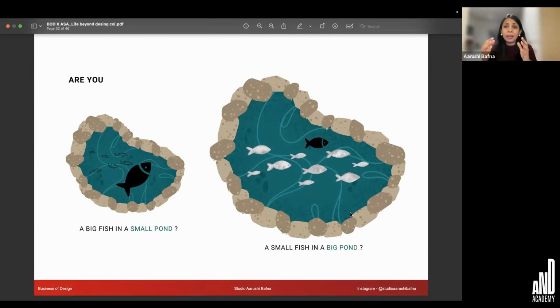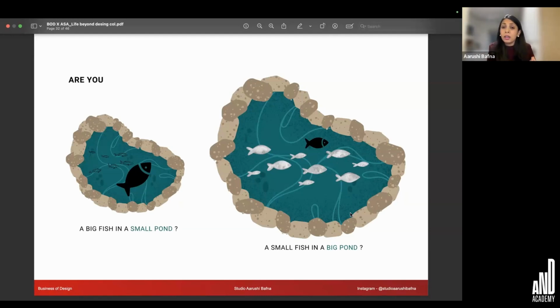But before I dive into how, let's answer why. Because being a very big fish in a very small pond is much easier than being a small fish in a very big pond. There was a point when people started saying in Jaipur that I was one of the best retail designers in Jaipur, so I started getting flooded with commercial projects.